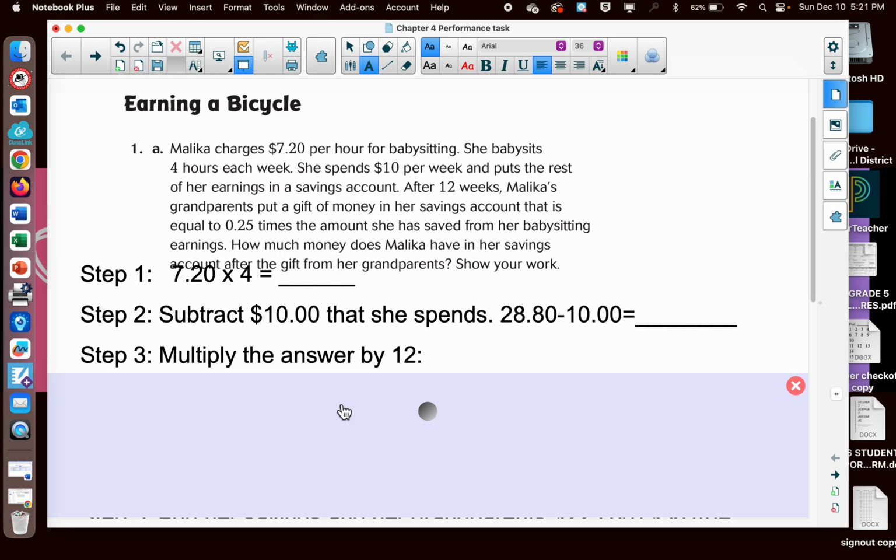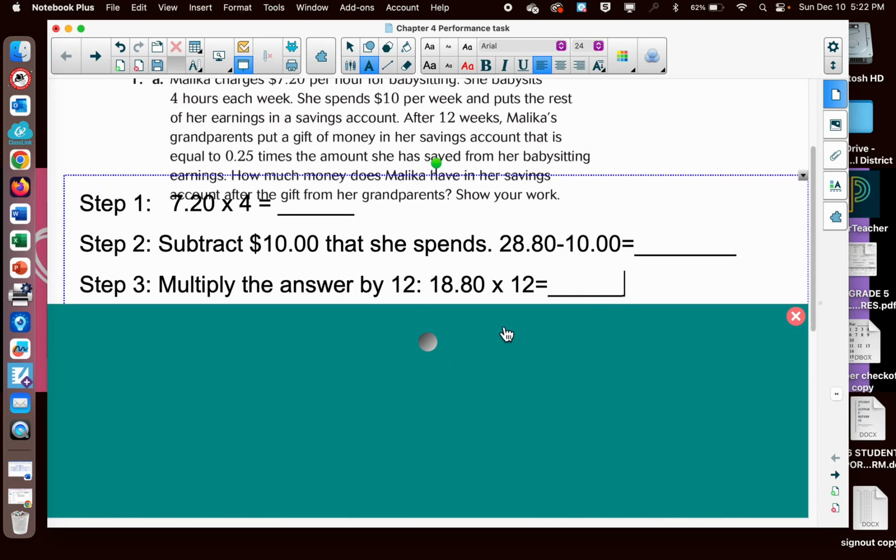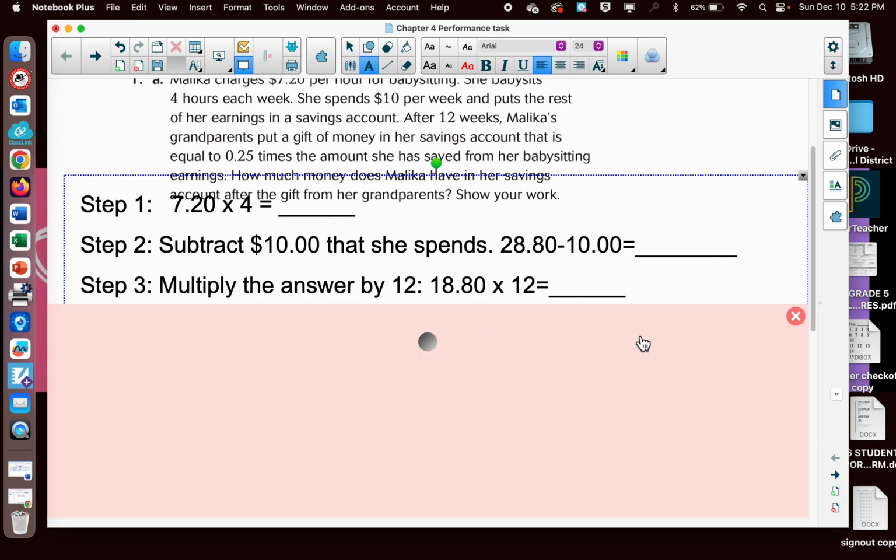So you should have gotten $18.80 times 12. That's for the 12 weeks. Once you multiply that by 12, you should have an answer by now.